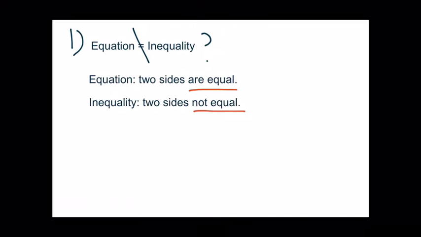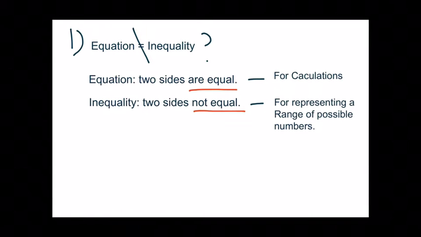Another difference between the two: while equations are mainly used to solve problems, inequalities are usually used to represent the range of something, as we have shown in the example with the Ferris wheel, with the range of heights that it can actually go with. In mathematics, inequalities are often used to represent the possible x and y values in an equation.